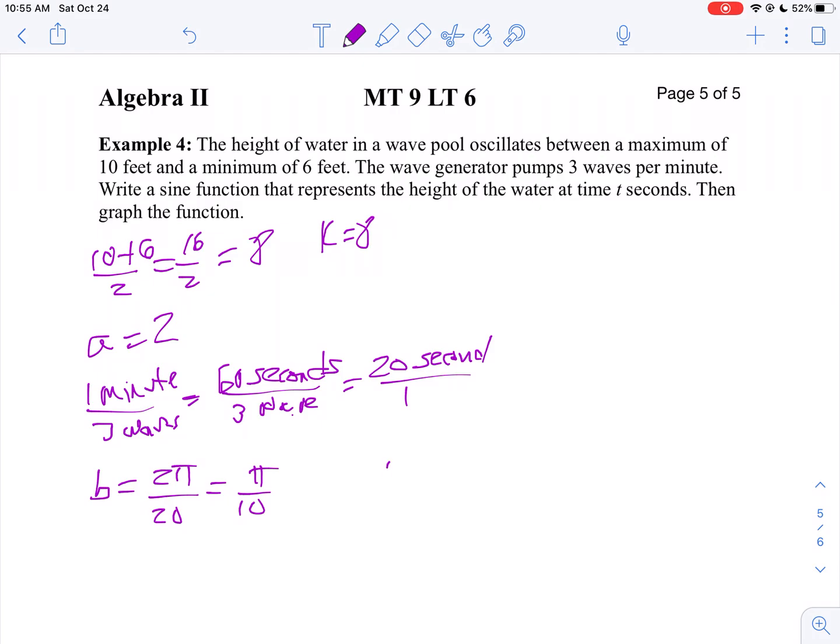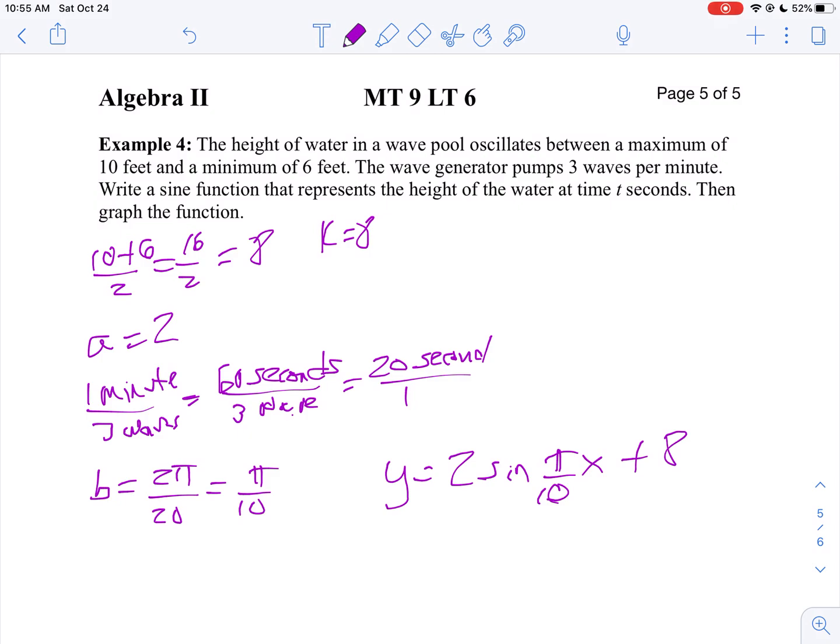So y equals, my amplitude is 2. I don't have a phase shift, do I? So y equals 2 times the sine of pi over 10 times x. And then I have a vertical shift of 8.